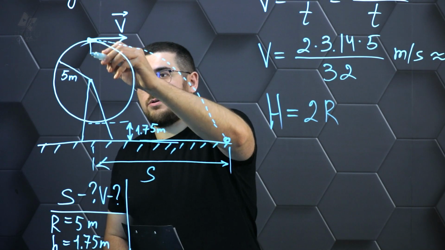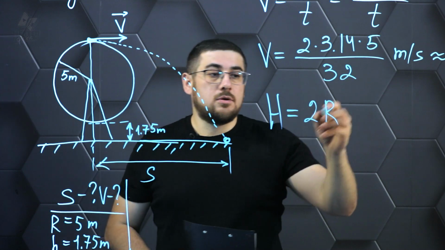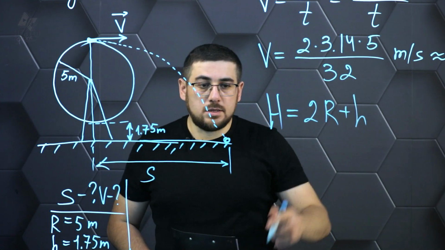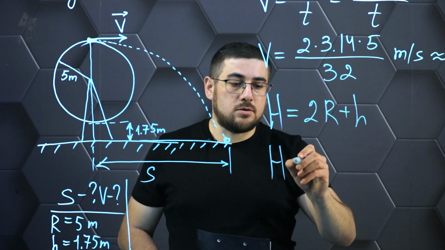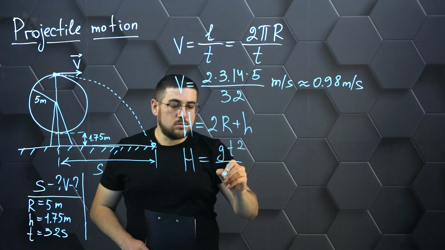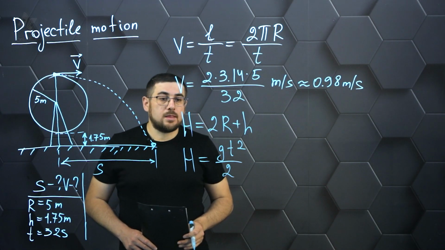That is, this full vertical height will consist of two radii and the height at which the lower part of the wheel is located. And according to the equation of uniformly accelerated motion, H equals g t squared over two.